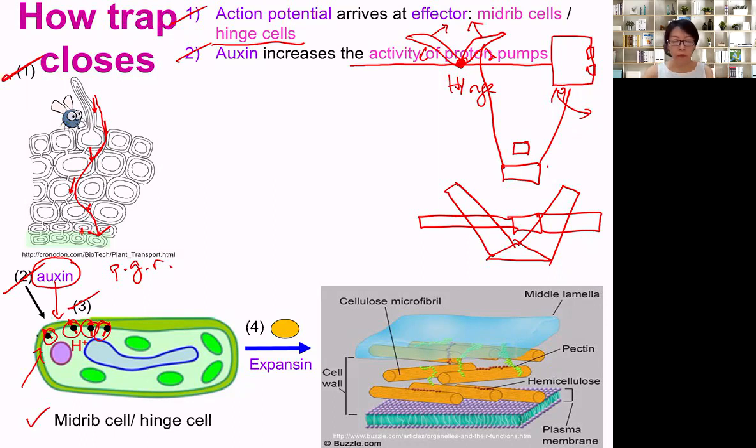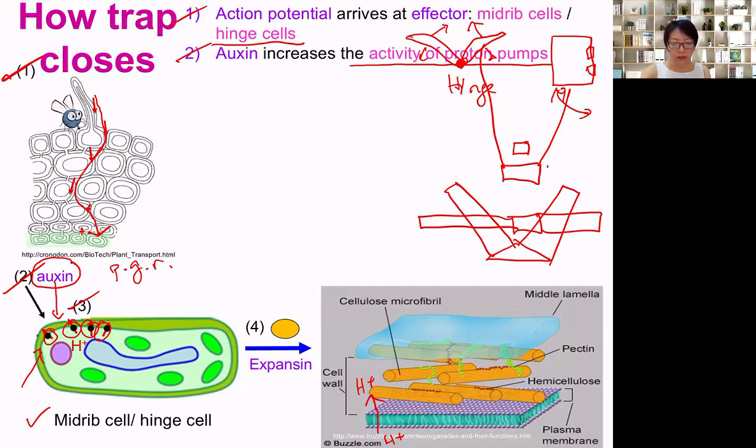So where is the proton pumped to? This is the cytoplasm of the cell. Can you see? The proton is pumped across the membrane of the cell, and it comes to the cell wall. There are a lot of spaces in the cell wall because the cell wall is made up of cellulose.